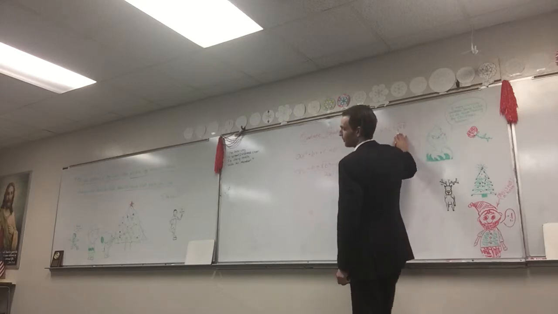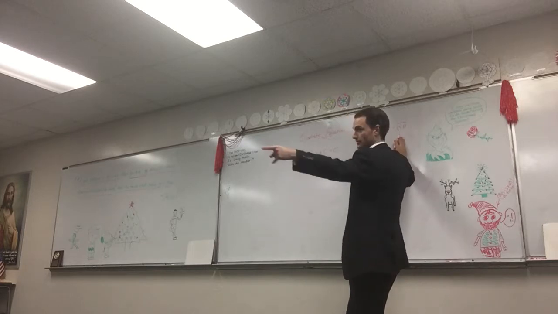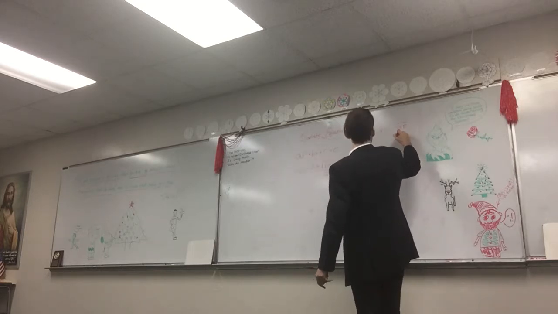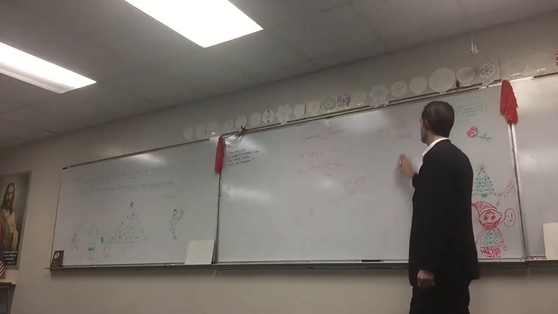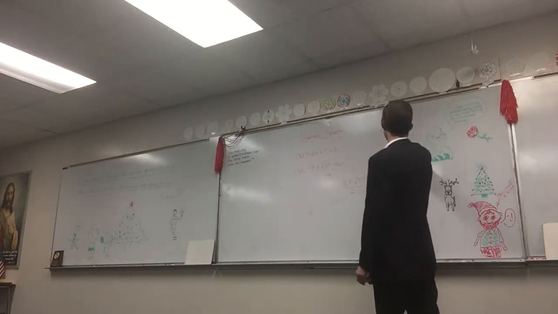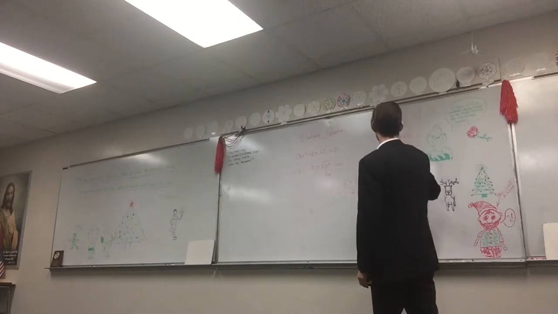Why would I take a 4 out? Because it's a perfect square. So this becomes the square root of 4 times the square root of 10, because I can split the square roots, which equals 2 radical 10.